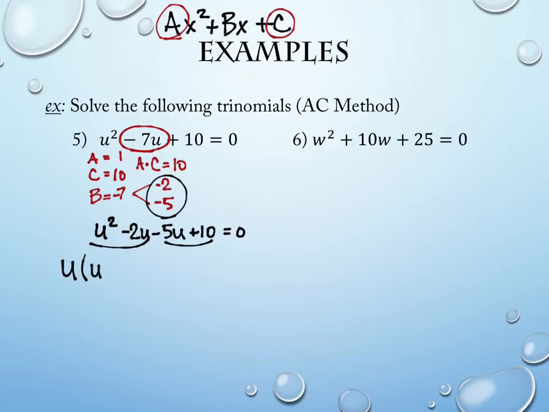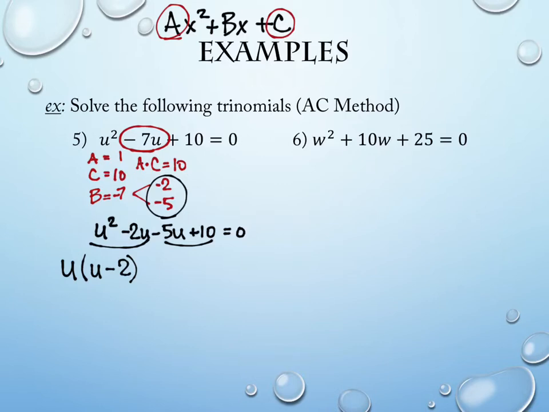And if I take a u out of negative 2u, I'm left with negative 2. We're going to do the same thing for the middle. I have negative 5u and I have positive 10.